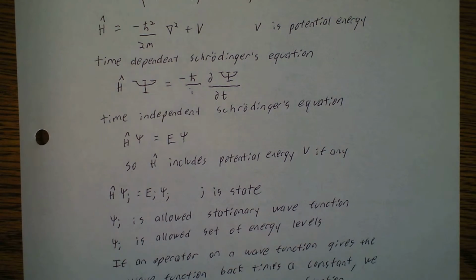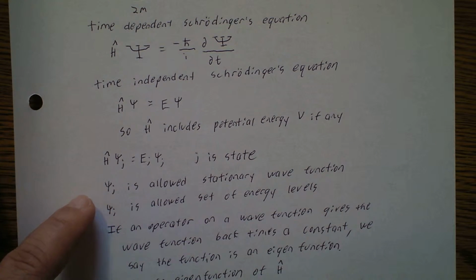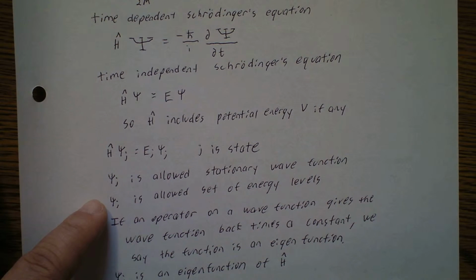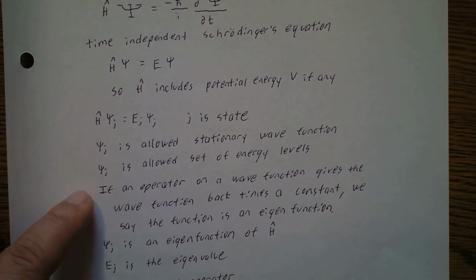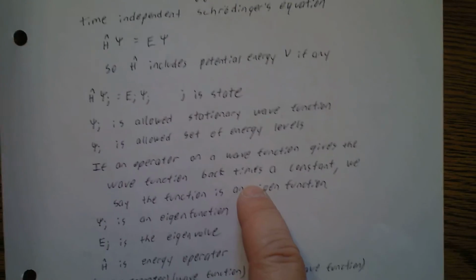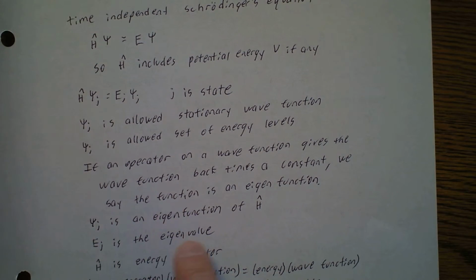Now the Hamiltonian times the psi of j is equal to the energy E of j times the psi of j. So j is whatever state that the system is in, the particle is in. So psi of j is the allowed stationary wave function. E of j is the allowed set of energy levels. So if an operator on a wave function gives the wave function back times a constant, we say the function is an eigenfunction.